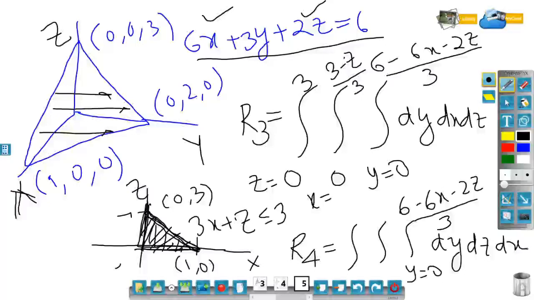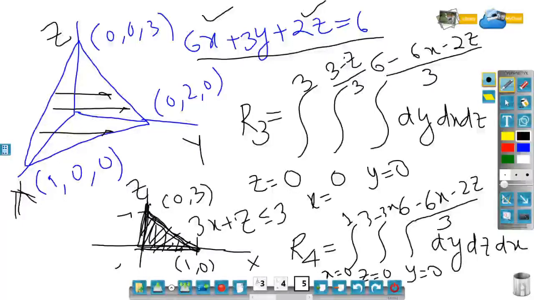Dz dx means the z limit, if I go vertically, is 0 to 3 minus 3x, and x ranges from 0 to 1. So you can have many combinations, and I don't feel they are difficult. So R3, R4 I have written.